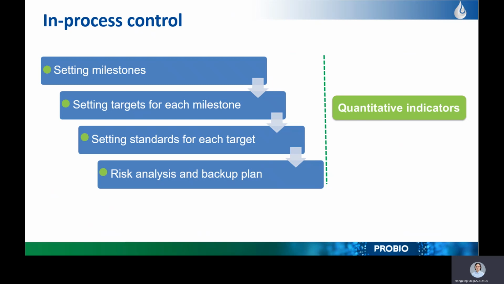What is the goal for each stage so that we can increase the probability of final delivery? The third step requires a scientific workload to ensure that the data is enough to move forward. The fourth step is to conduct risk analysis and set up backup plans to reduce the uncertainty in the process. The setting of these indicators should be quantified as much as possible to facilitate implementation and judgment.